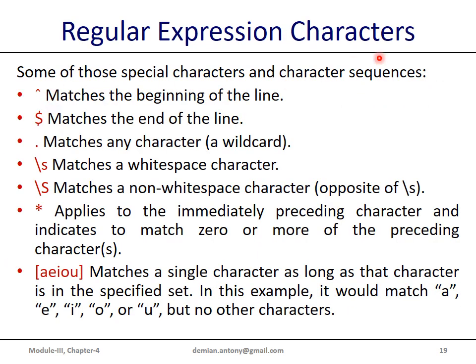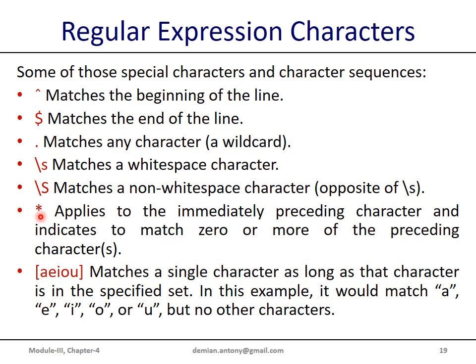Let us have a quick look at the different regular expression characters. The caret matches the beginning of the line, dollar matches the end of the line, dot matches any character, backslash small s matches a white space character. This is capital S, a non-white space character.